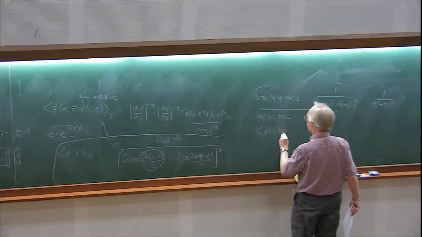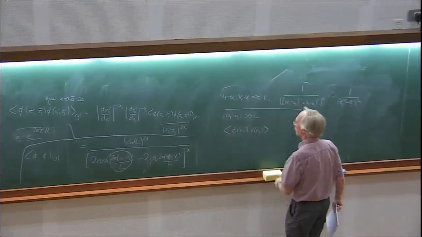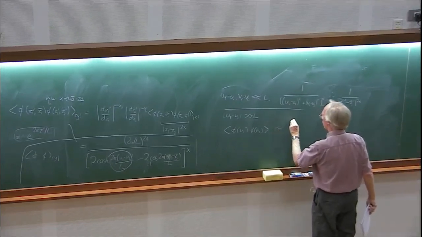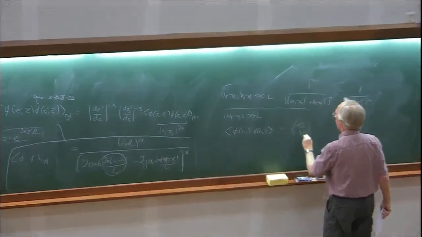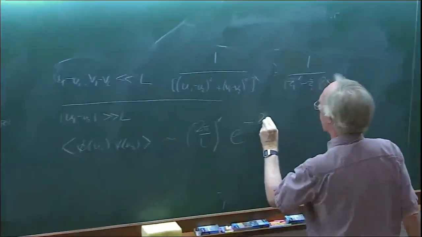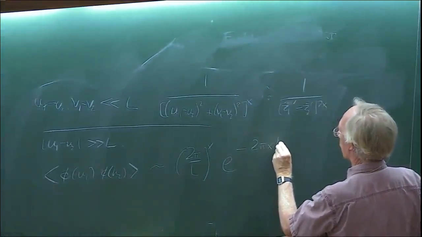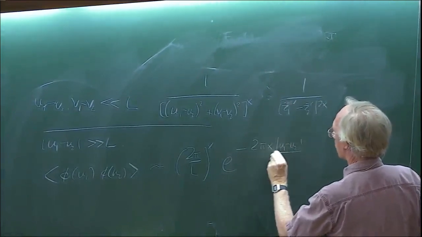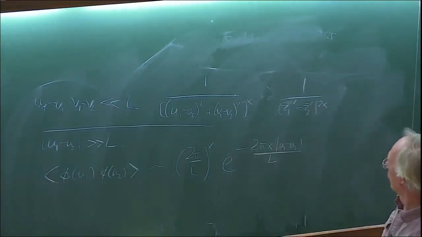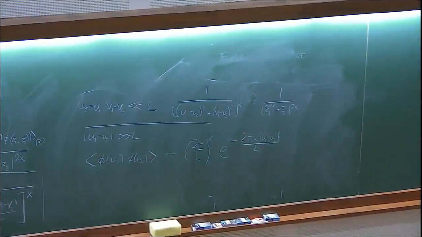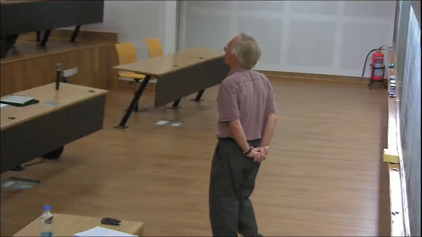So what we're going to find in that limit is a phi of u1, phi of u2, and I won't even bother to insert the dependence on v. It's 2 pi over L to the x, e to the minus 2 pi x, modulus of u1 minus u2 over L. So it's decaying exponentially. You might say, I thought you said that correlation functions decay exponentially away from a critical point.